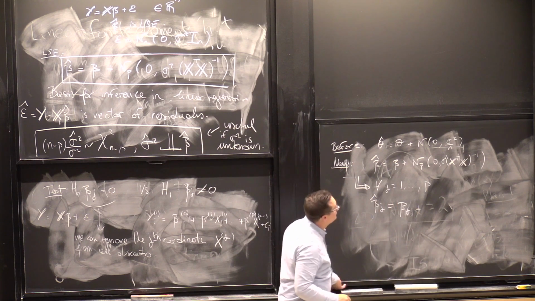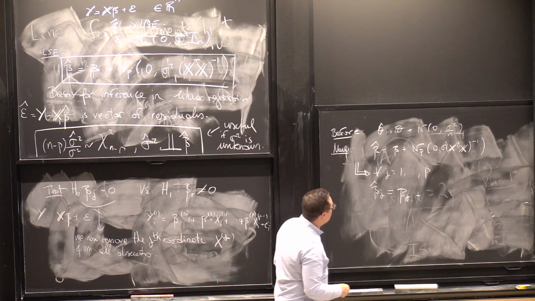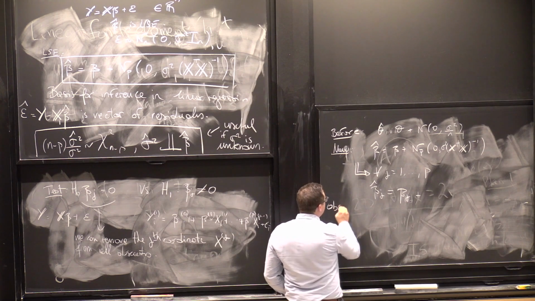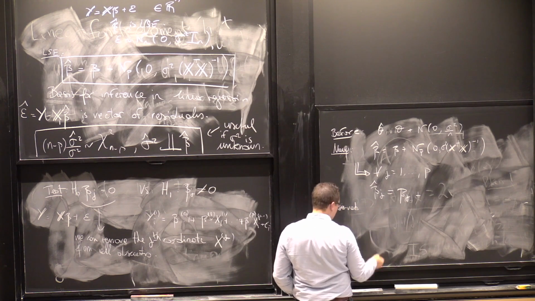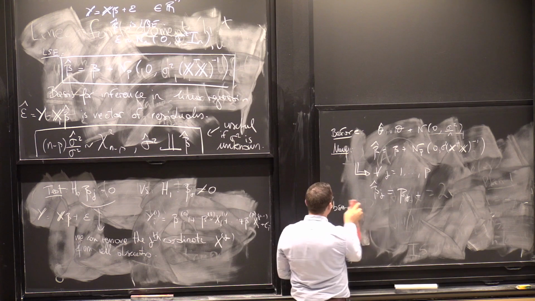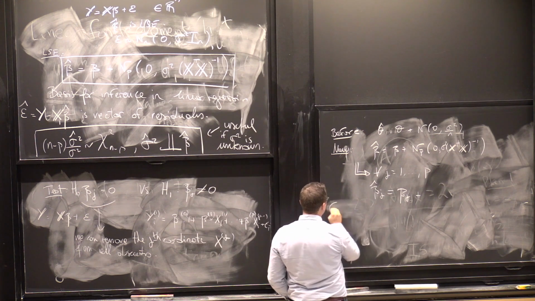OK, so how do I do this? Well, the observation that's actually useful for this, maybe I shouldn't use the word observation in a stats class. So let's call it claim.